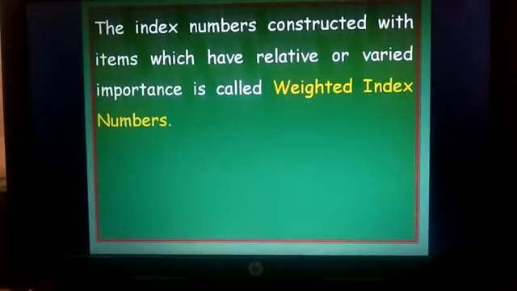So how can weighted index numbers be defined? The index numbers constructed with items which have relative or varied importance are called weighted index numbers. In problem solving, we will come across all these concepts, where they can be learnt very effectively.